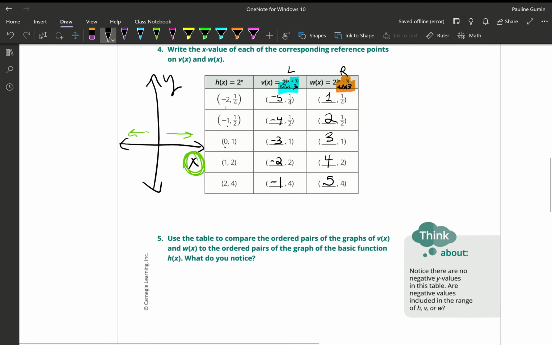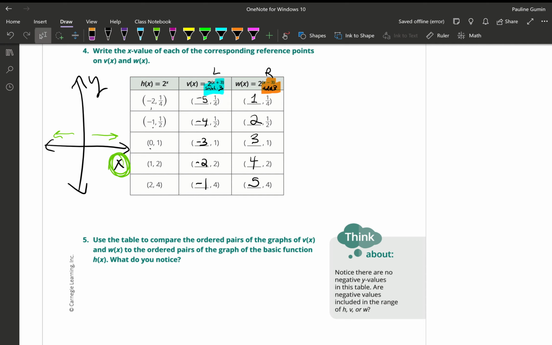We are going to write that for v of x, which is left, x's got smaller by 3.